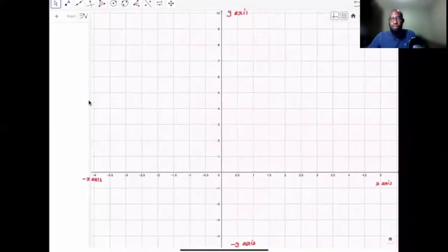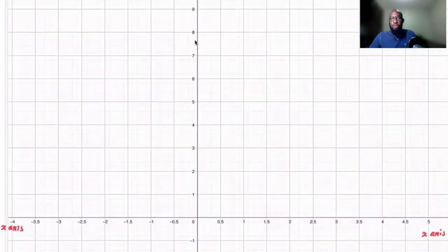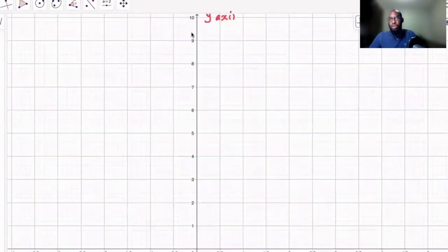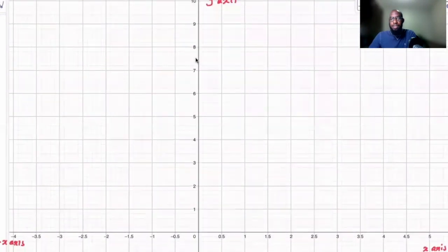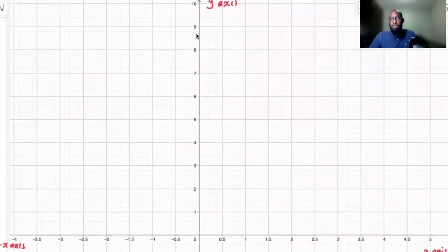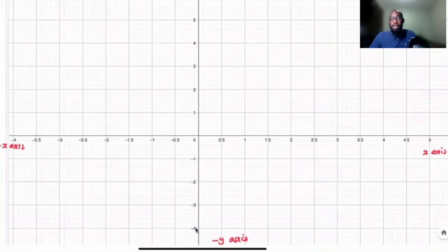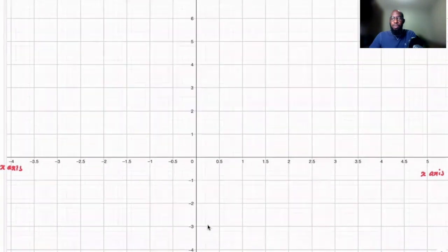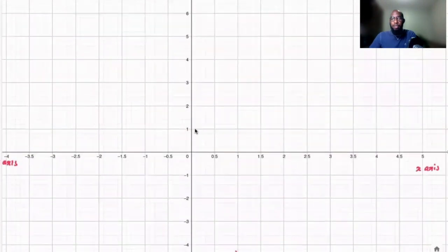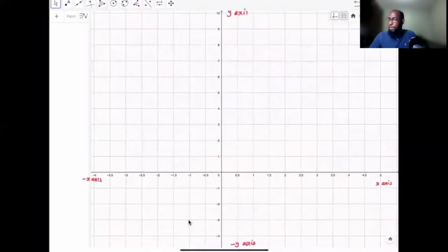I mean, you could go up to 10 if you want. It doesn't matter. You don't have to stop at 8, but you can go up a little bit. And below here, we have -4. So we have our x, we have our highest number, and we have our lowest number, right?